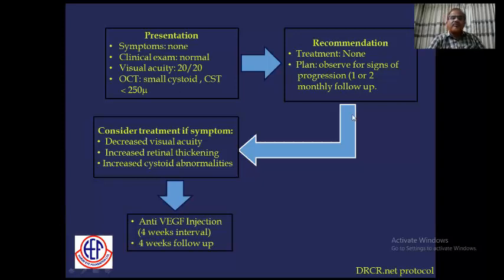After follow up every 1 or 2 months, if there is an increment of the cyst and increased thickness of the retina, especially central subfoveal thickness, and decreased visual acuity, then anti-VEGF is to be given at 4 week intervals with 4 weeks of follow-up.